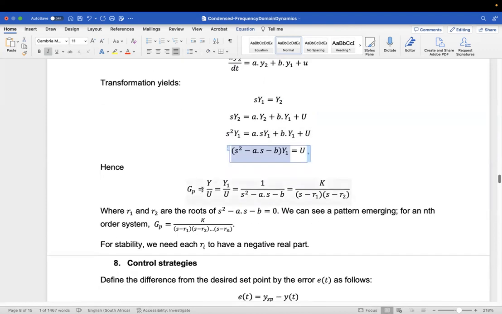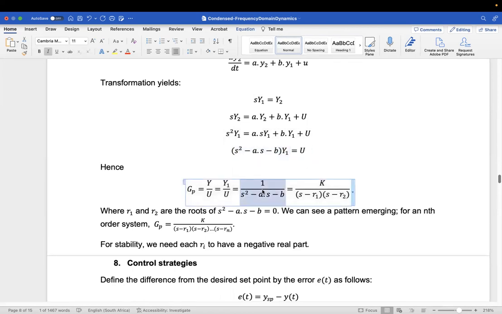And then we've got the transfer function. We always want Y over U for the process transfer function at least. And so in this case, because lowercase y equals lowercase y1, then we can say uppercase Y equals uppercase Y1. So we can just write Y over U equals Y1 over U, which we can see is going to be 1 over this.